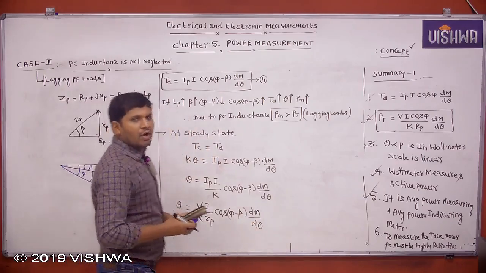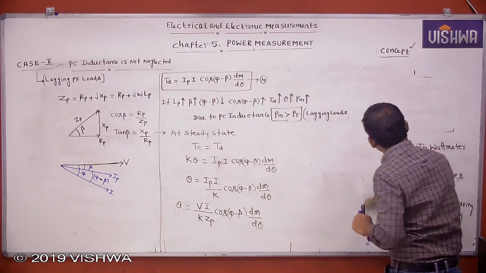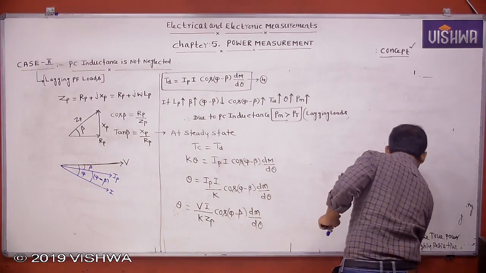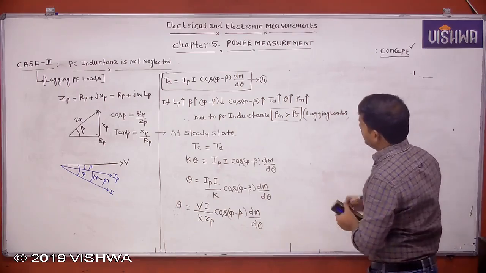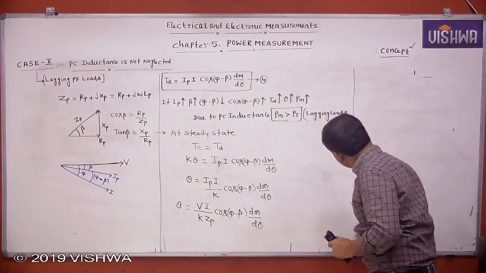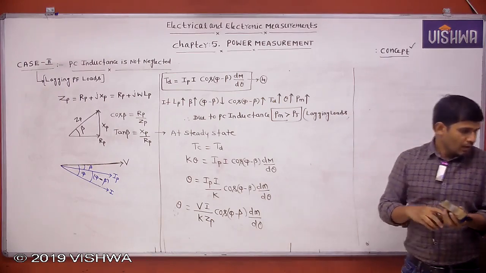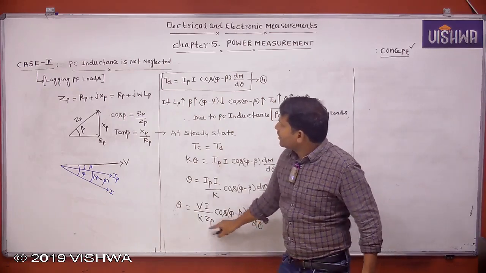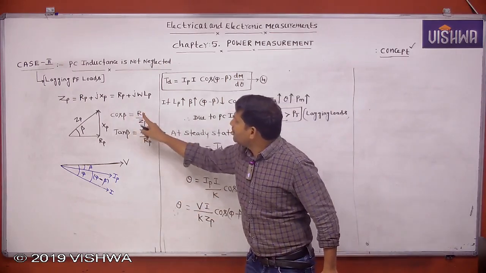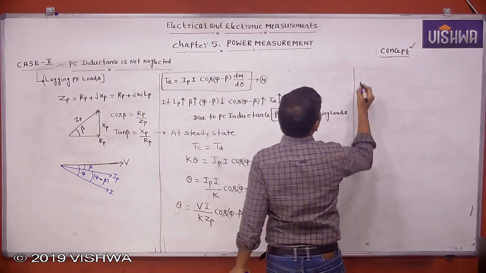But I want to get one standard expression. That's why I am simplifying like this. This ZP I am writing in terms of RP. You write ZP equal to RP by cos beta. Then what is theta we can get?